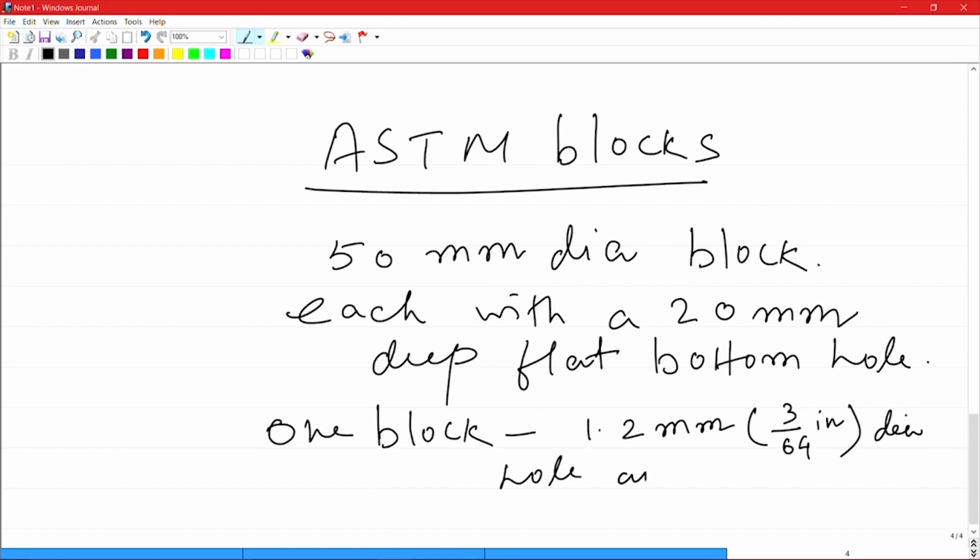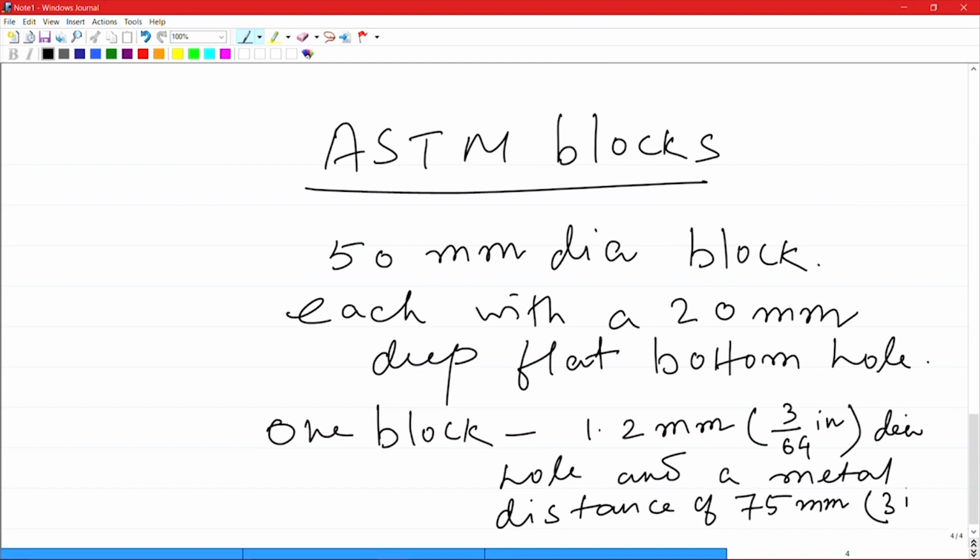And this one has a metal distance of 75 mm, or 3 inches.